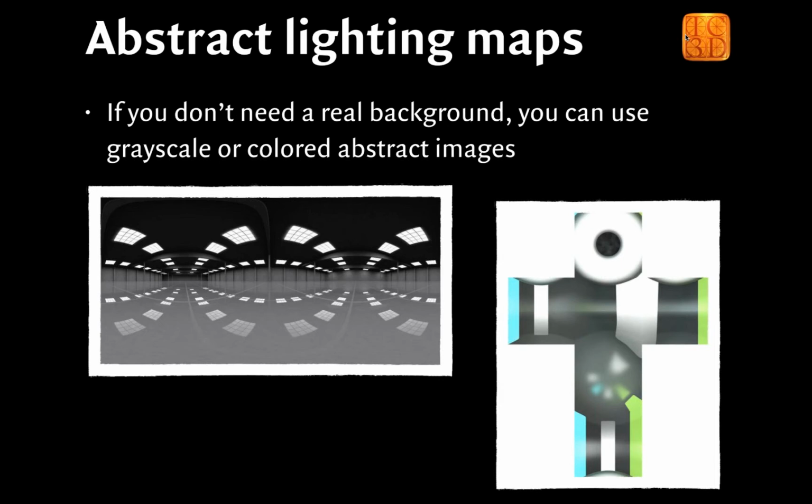And what iC3D Suite does is it can either use lighting maps or it can use environment maps. And if you load an environment map into iC3D Suite, it will calculate a lighting map from it automatically. That is also why this process takes so long. Importing an environment map inside of iC3D Suite takes, on average, about 30 minutes.